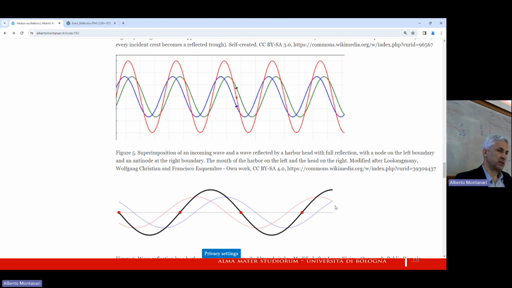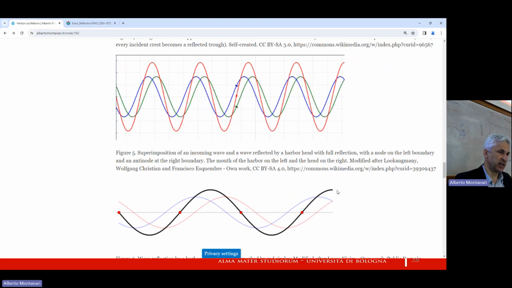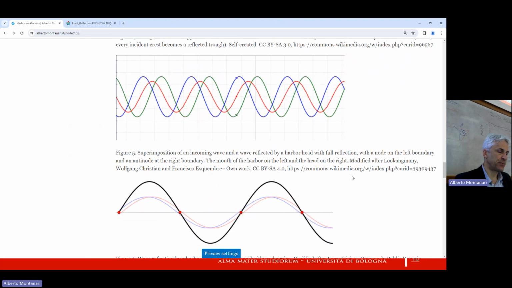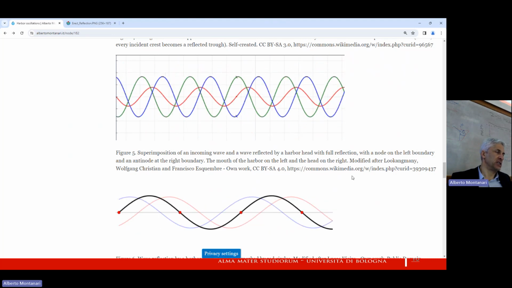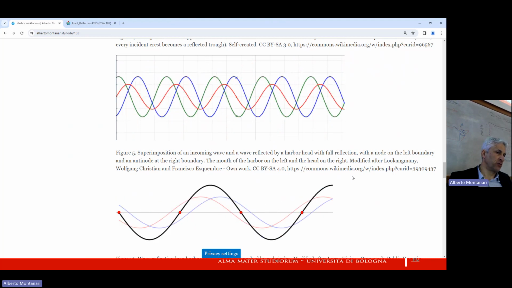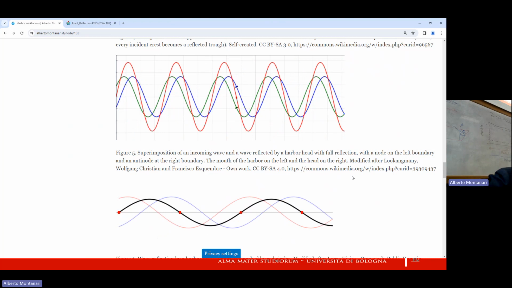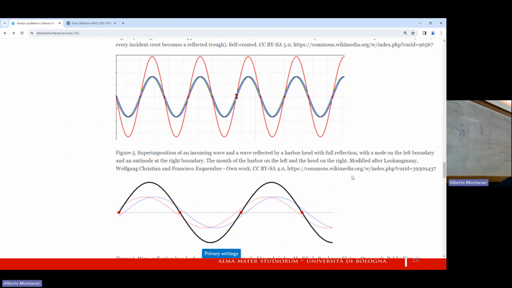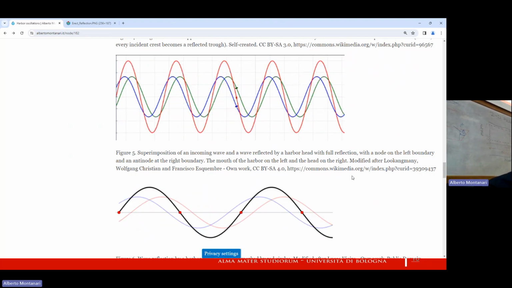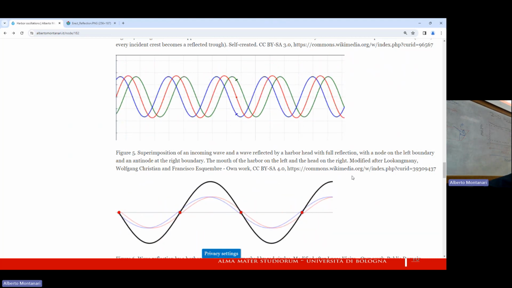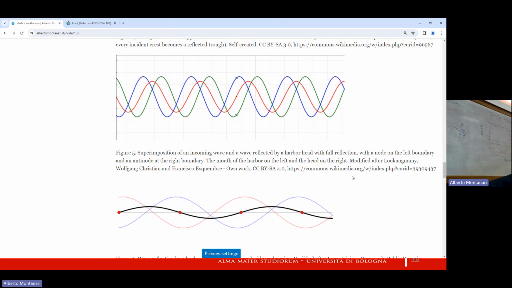Now, this is what happens at the head of the harbour and why there is conservation of phase. I think that you studied reflection with Professor Archetti, and we took an agreement that she would teach reflection, refraction, and diffraction of waves.